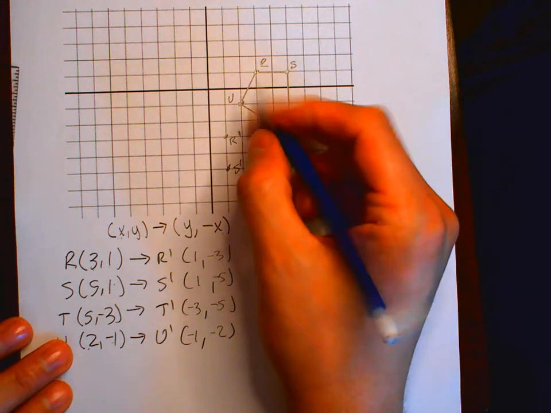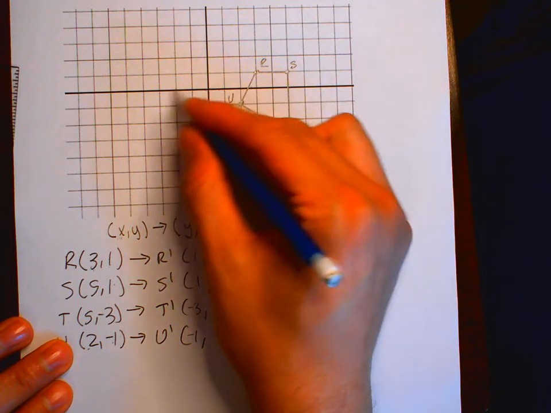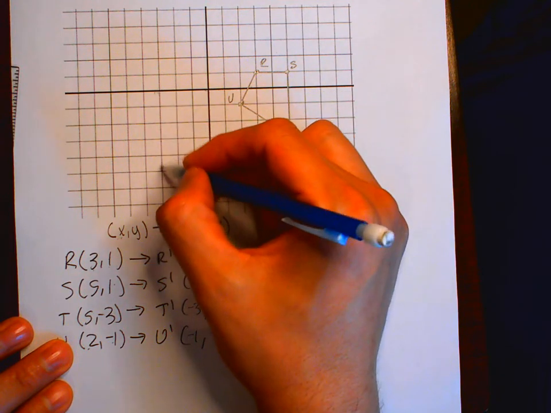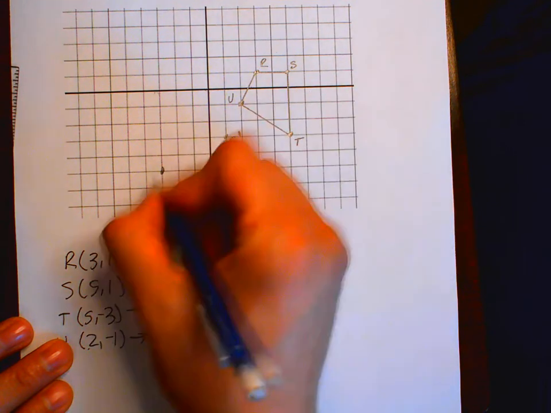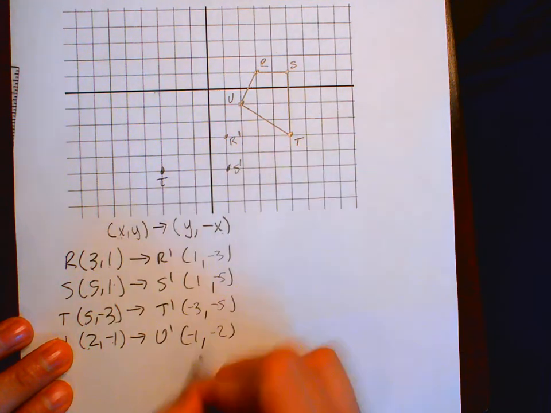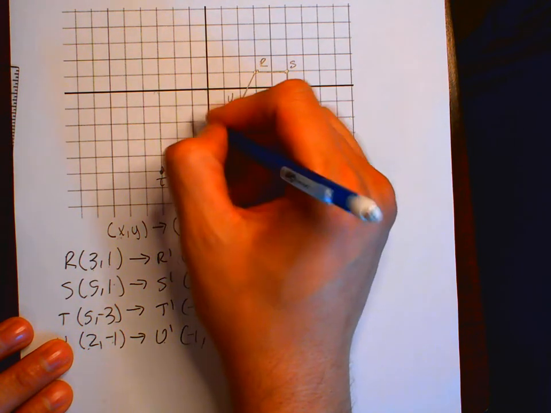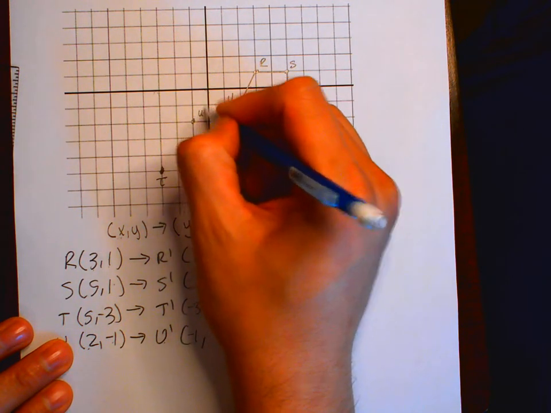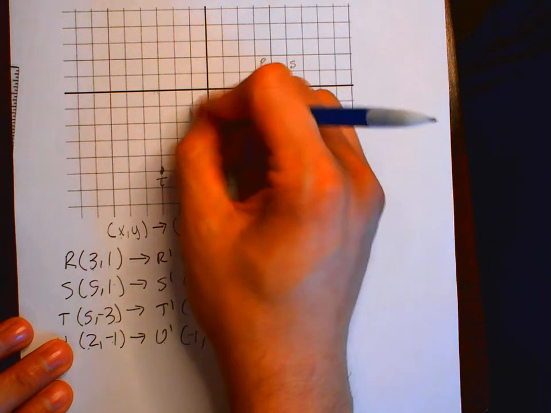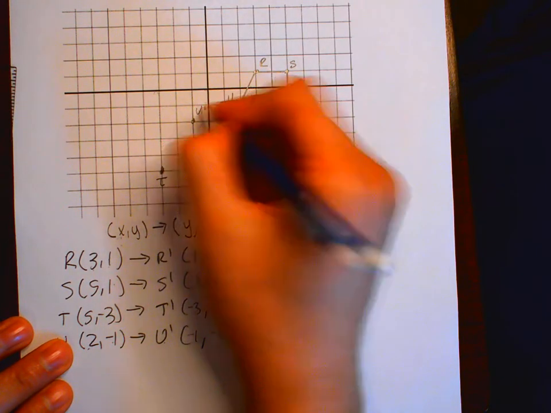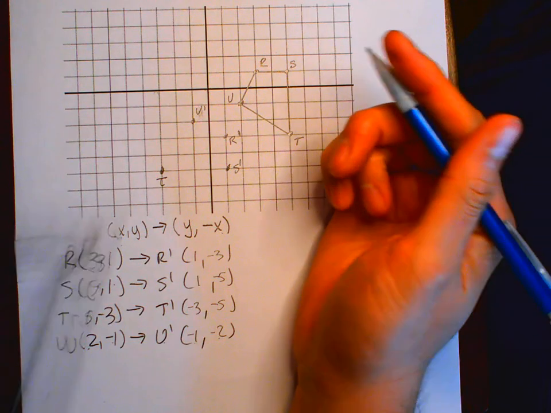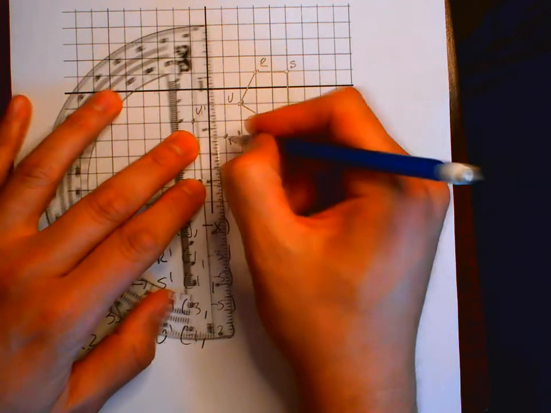T prime is going to be (-3, -5). And U is going to be (-1, -2), U prime, actually. Okay, so then what you do is you connect.